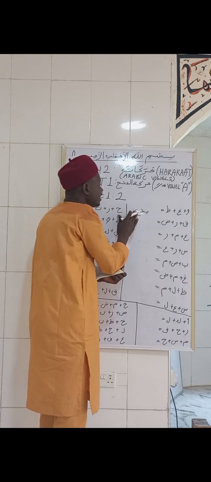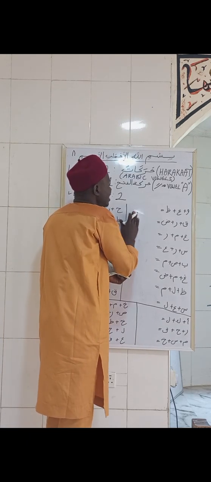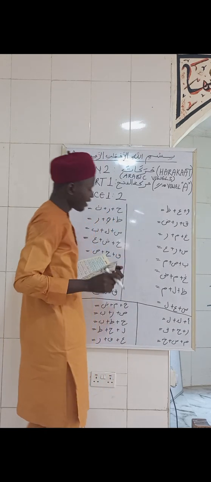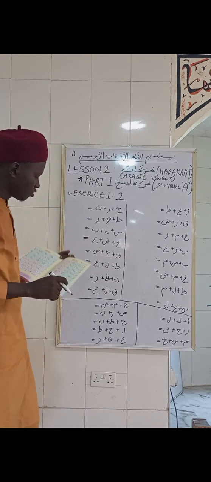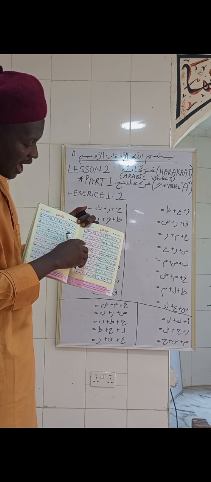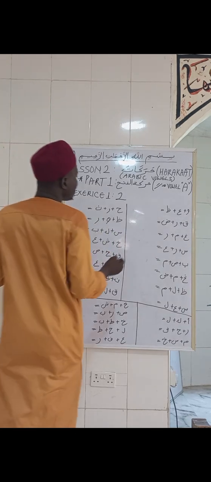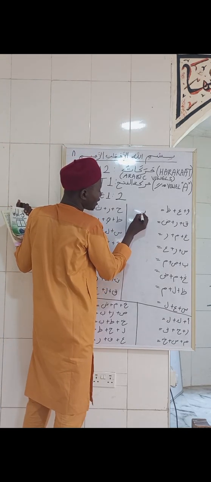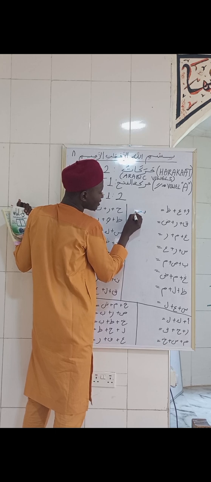The same thing, anytime ain is in the middle of a word, this is how it is written, this way: ba, a, ta.